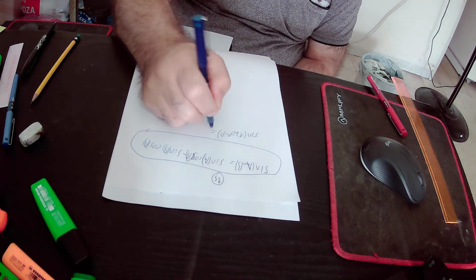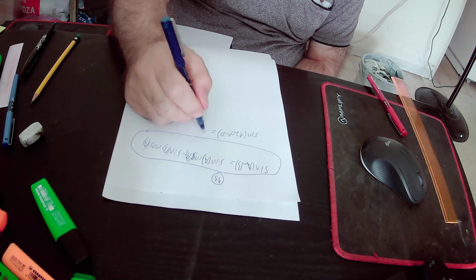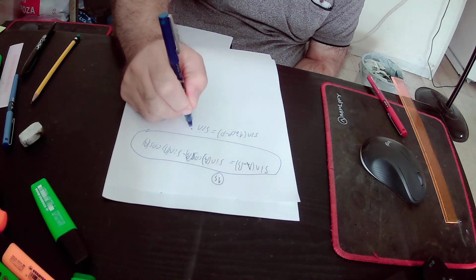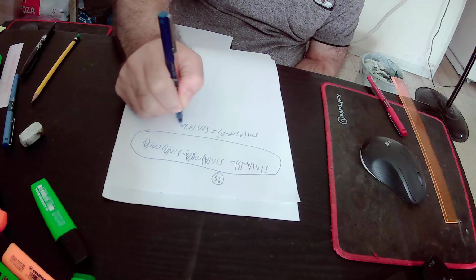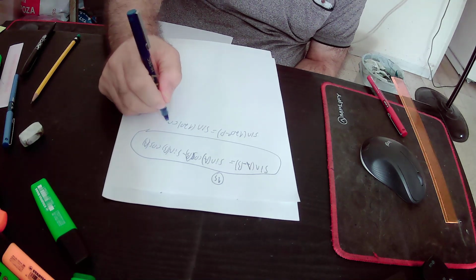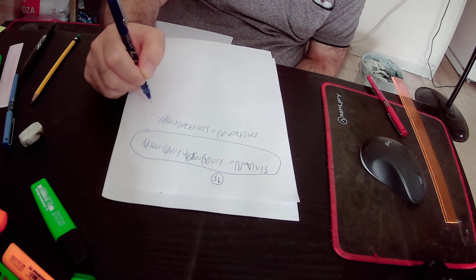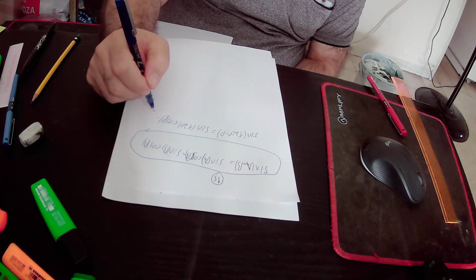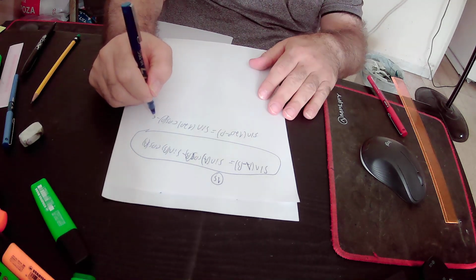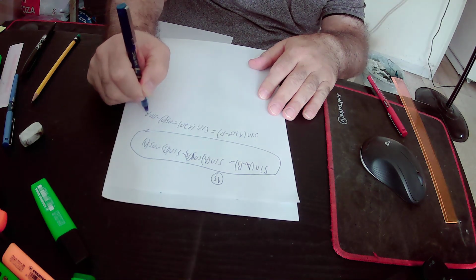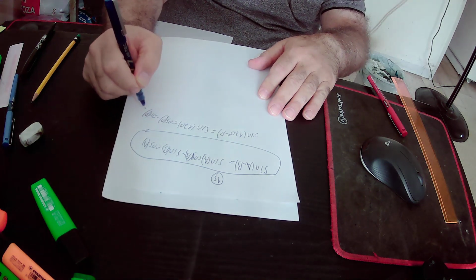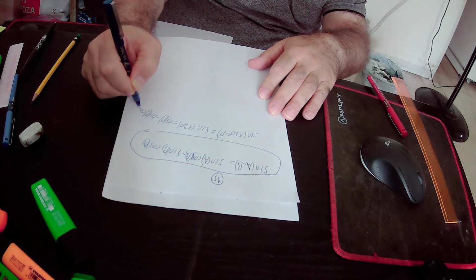It is equal to sine 120 degrees times cosine p minus sine p times cosine 120 degrees.